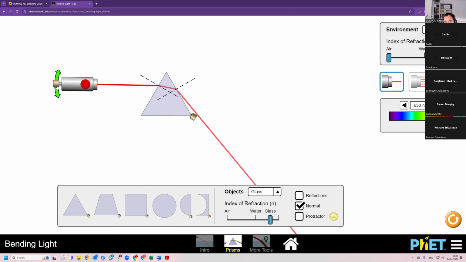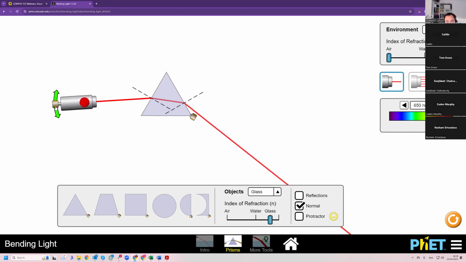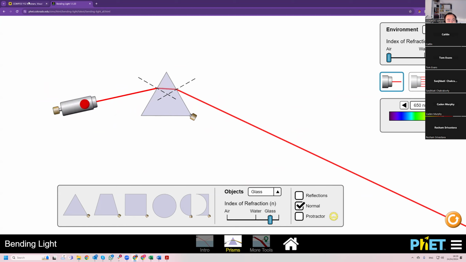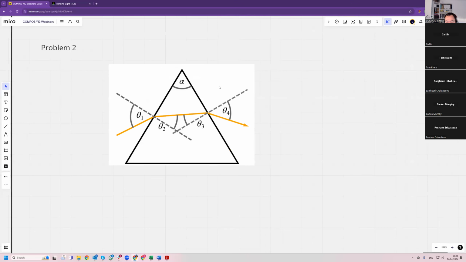We'll talk about this in a bit, but that's the idea. So here we say that this angle is θ1. This is θ2. This is θ3. This is θ4. So this is the angle of incidence. This is refraction. This is incidence, and this is refraction again.